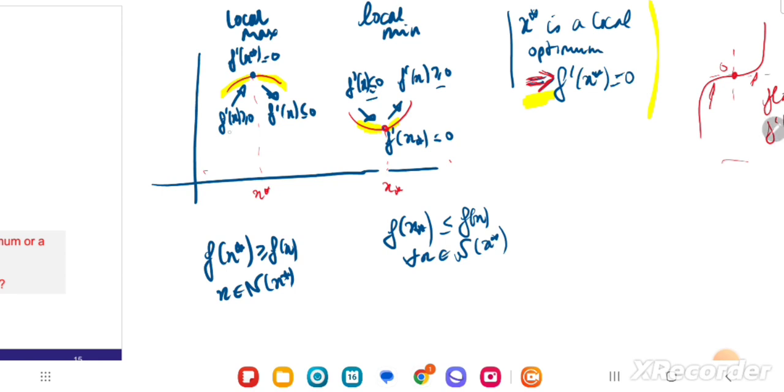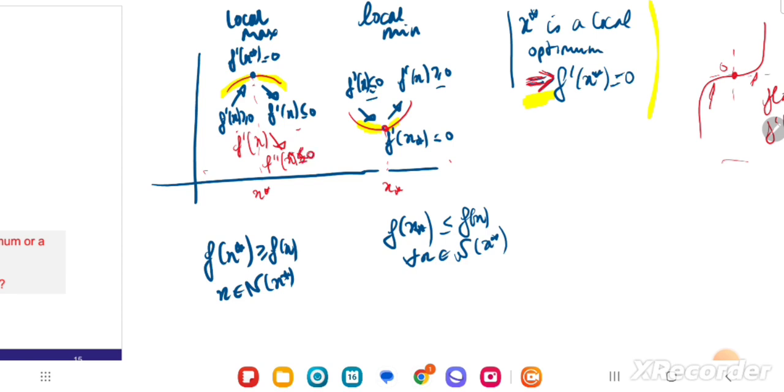Again, we're going to interpret the changes in the sign of the first derivative in terms of the sign of the second derivative. Here, the first derivative is positive, 0, negative. It means that f prime of x in that interval is decreasing. So if f prime is decreasing, f second is negative.